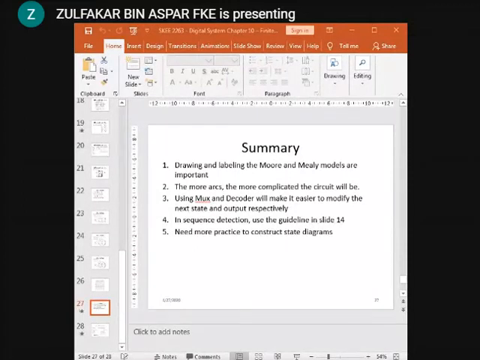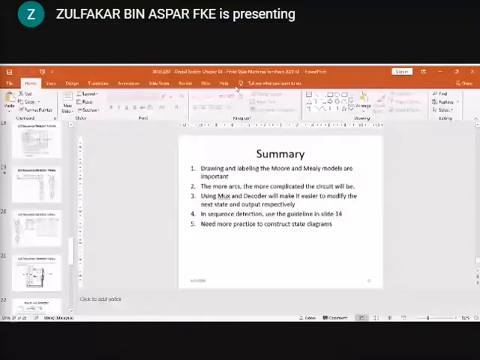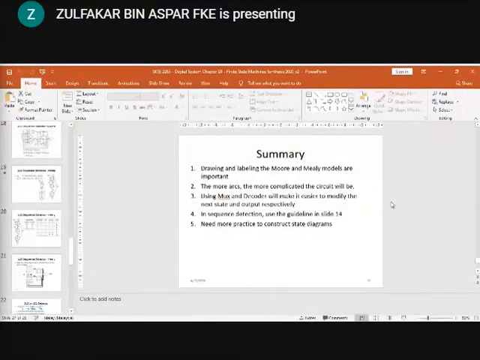Ada jumpa dalam buku? Tak ada? Senyap je semua? Ngantuk lagi? Yang mana?